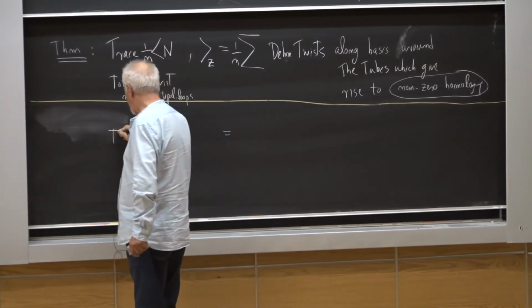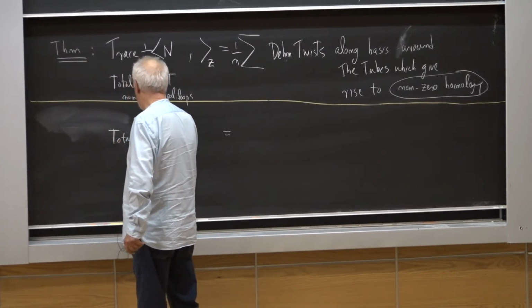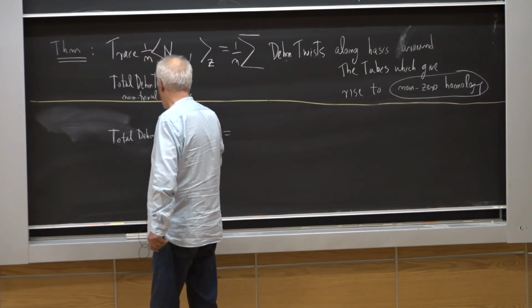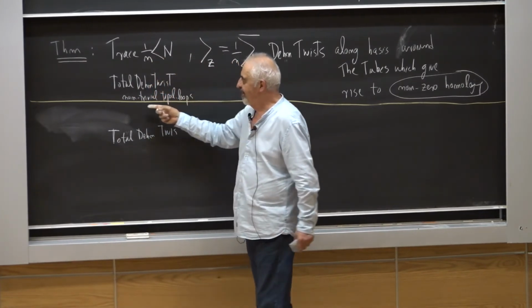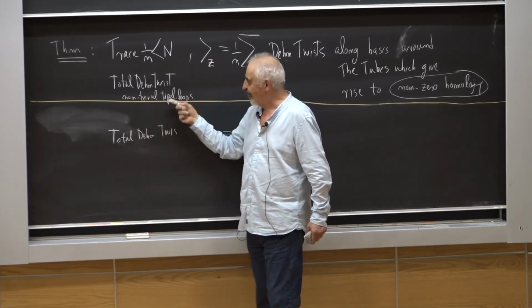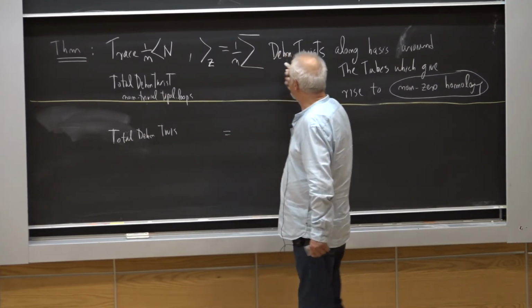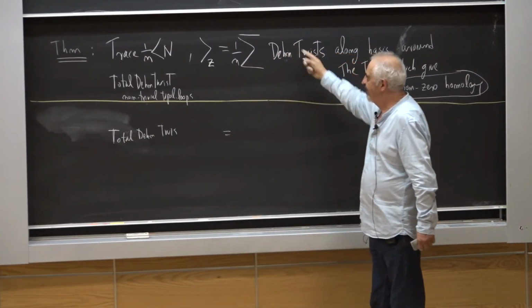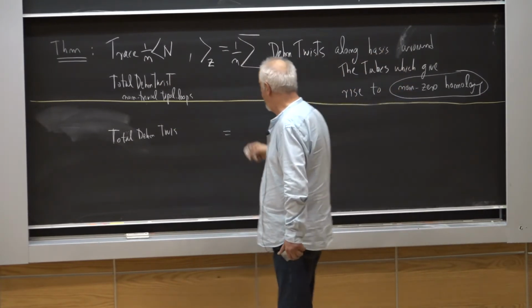And then we have another total Dehn twist where we sum whether or not the tubes give rise to trivial topological loops. So this is bigger; all these numbers are positive. There are no cancellations.